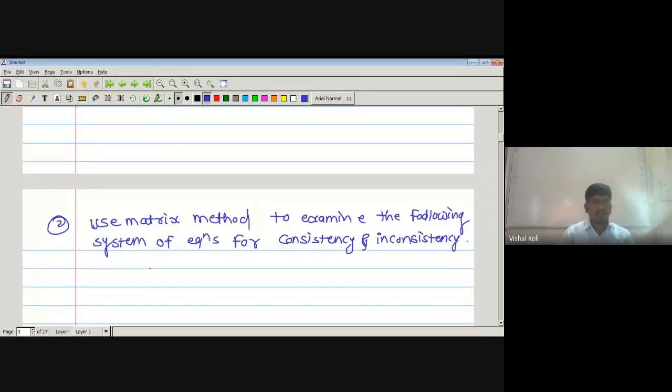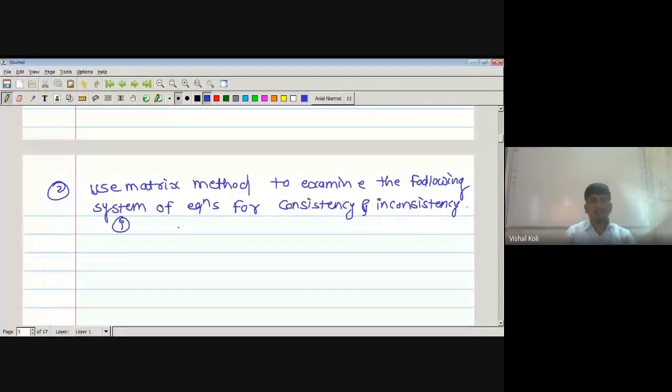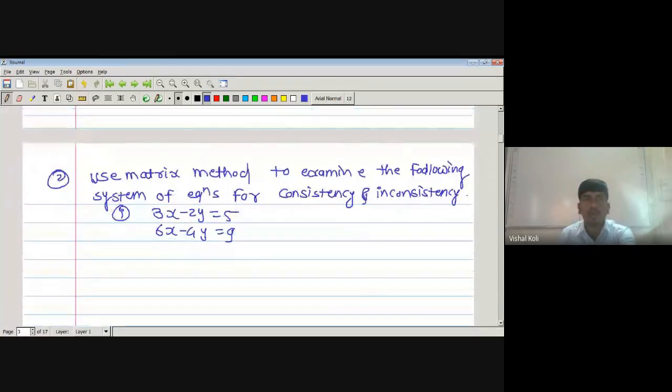The first one is 3x minus 2y equal to 5 and 6x minus 4y equal to 9. So this is a system of given linear equations with two unknowns.